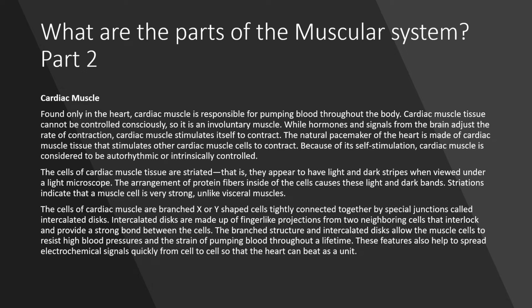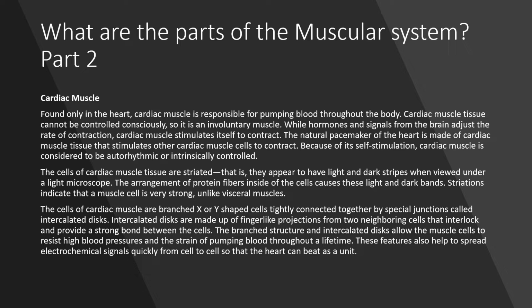The natural pacemaker of the heart is made of cardiac muscle tissue that stimulates other cardiac muscle cells to contract. Because of its self-stimulation, cardiac muscle is considered to be autorhythmic or intrinsically controlled.